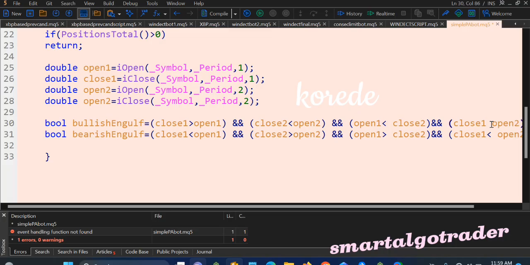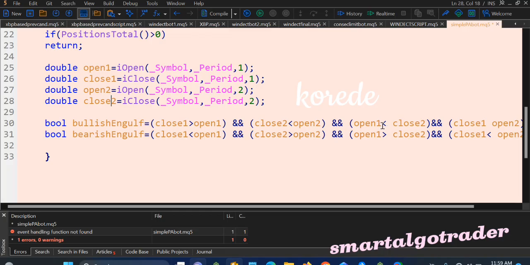And this one is close 1. Open 2, oh god. It's because I have not compiled it. Since I haven't compiled it, there might be some errors.